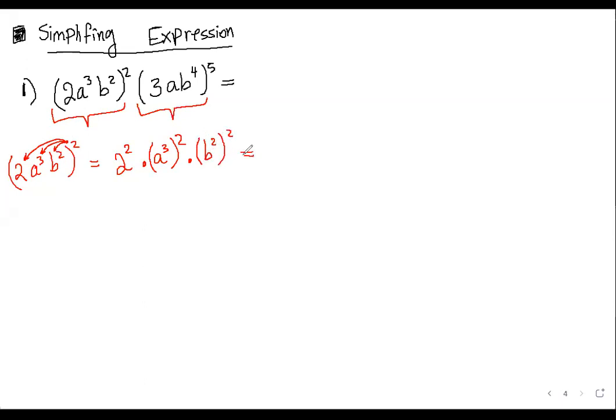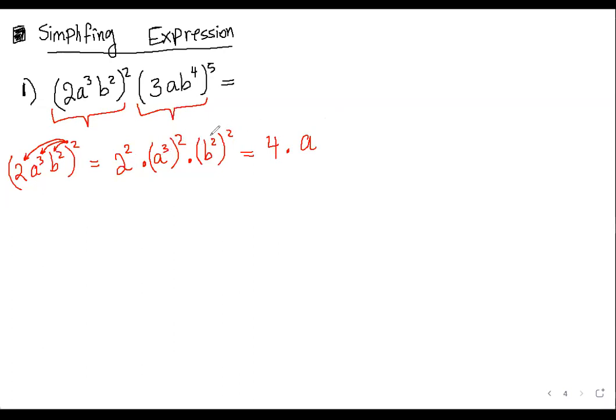What is the answer? 2 to the power 2 is 4. A to the power 3, all of these to the power 2, is a to the power what? 6. Yes, it's 6.